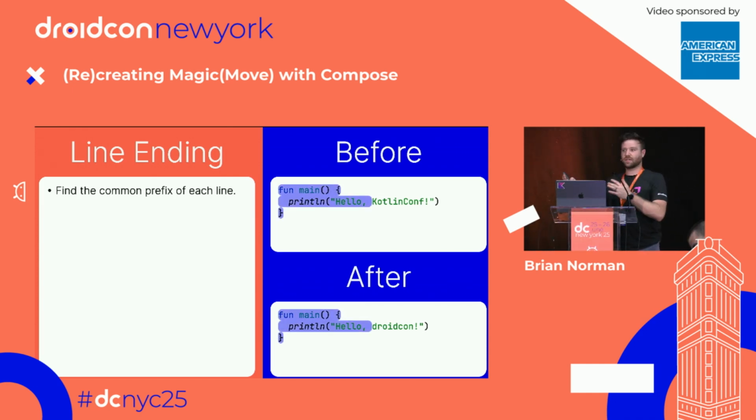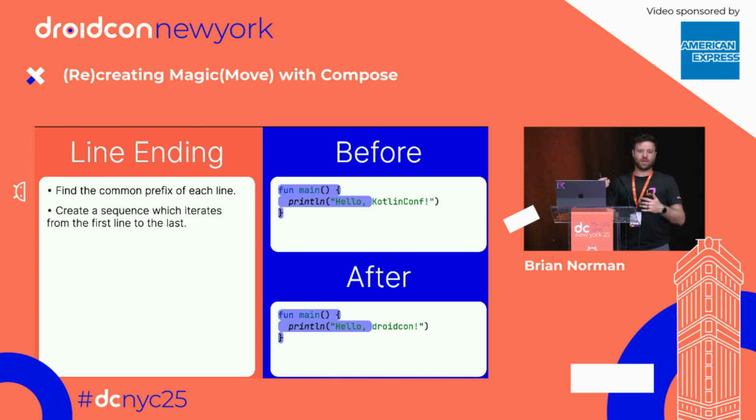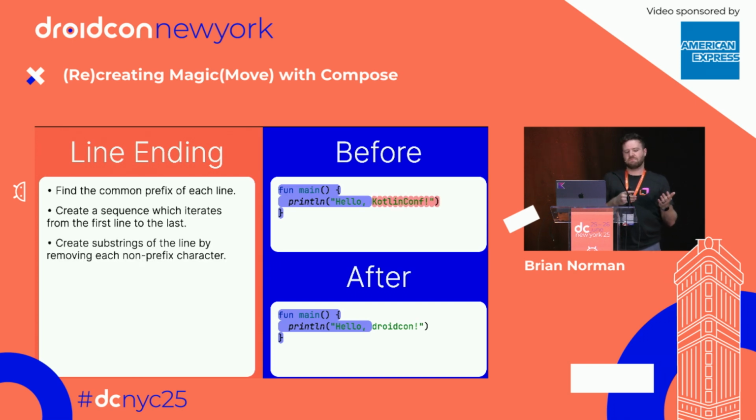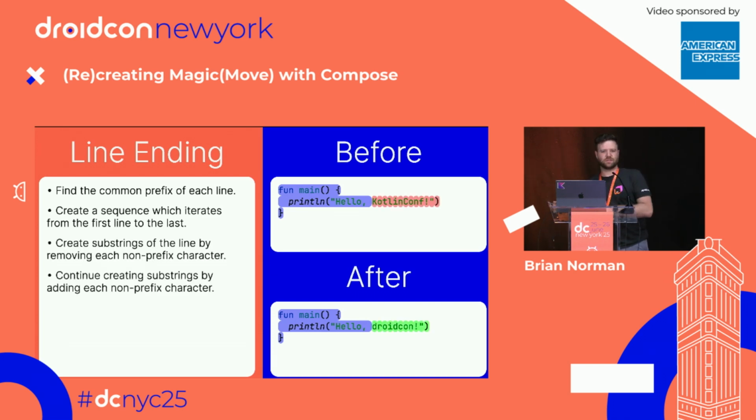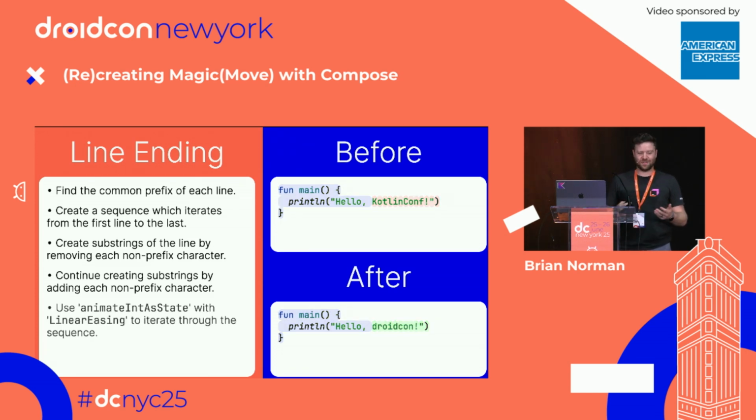We could find the common prefix of each line and then go line by line and just remove characters and then add characters, right? You could create a list of annotated strings that was just all of those different versions of the string that you wanted to render, and you could create that sequence pretty easily. And then you throw an animated int on this and a linear easing, and maybe you're done.